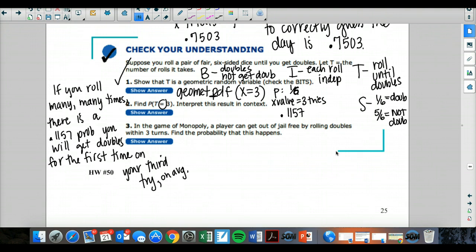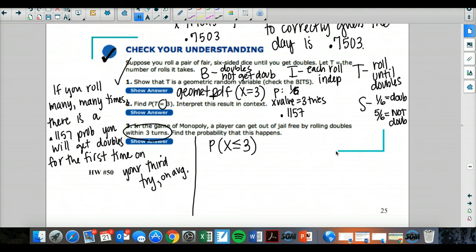In the game of Monopoly, a player can get out of jail free by rolling doubles within 3 turns. Find the probability this happens. So, now how is this different? Well, it's within 3 turns. So it's the probability that x is less than or equal to 3.